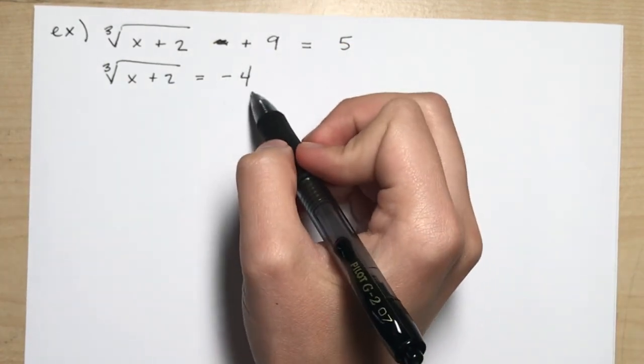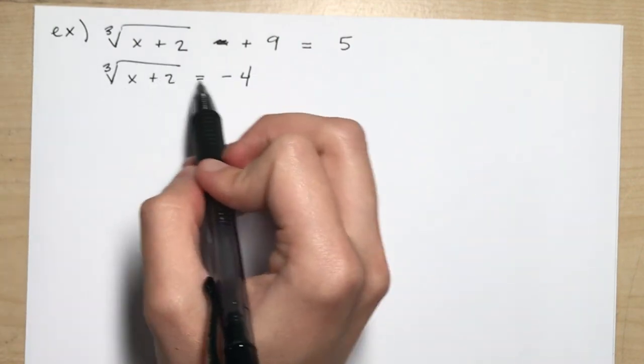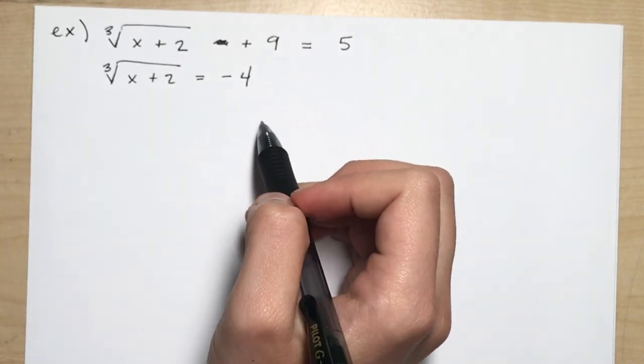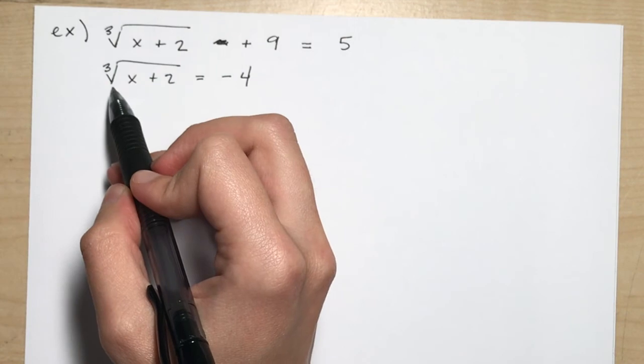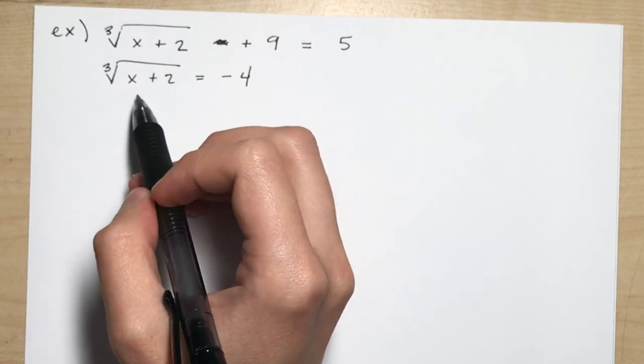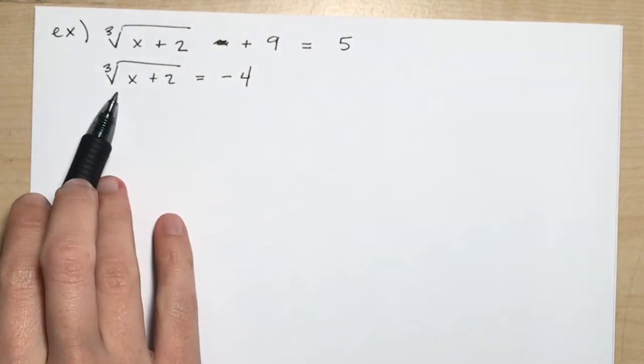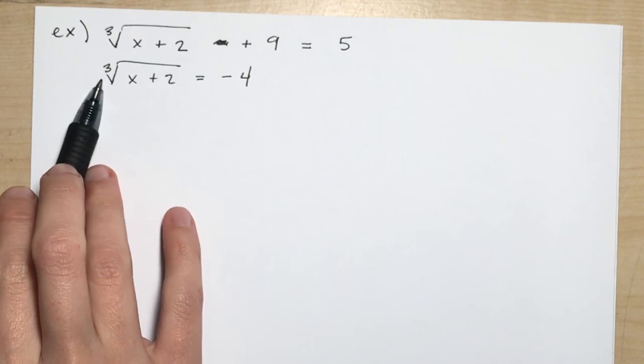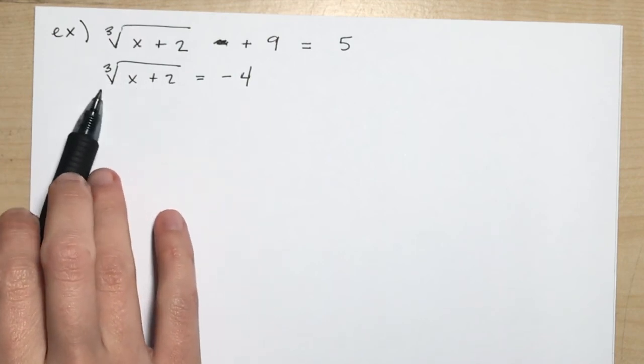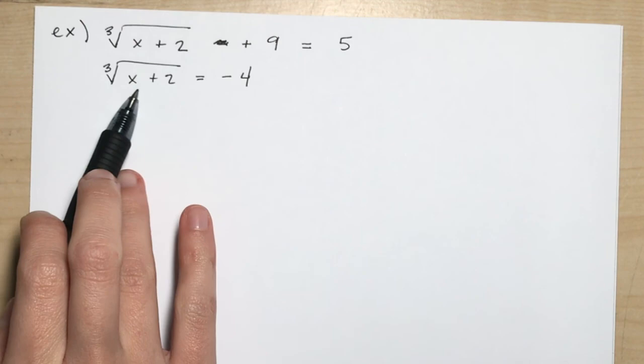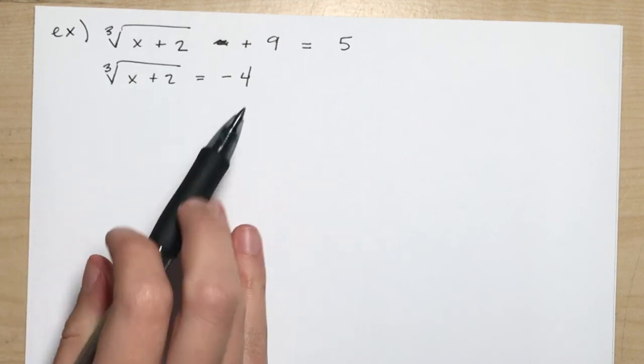Is it a problem that I have this radical equals a negative number? It's not, because what kind of radical is this? It's an odd root, right? So because this is odd, we don't have any domain restrictions. It's fine to be equal to a negative.